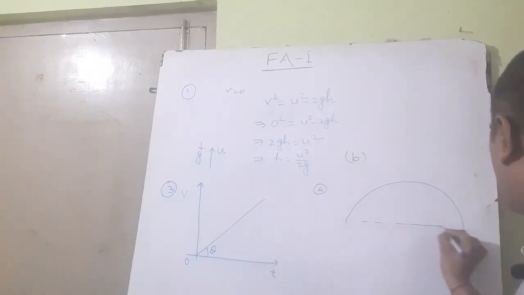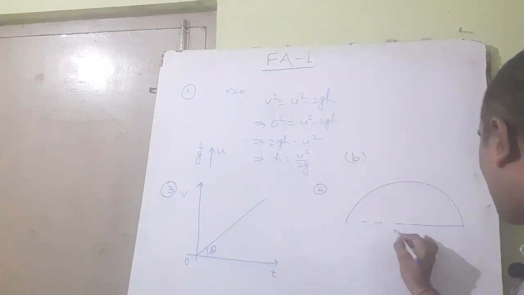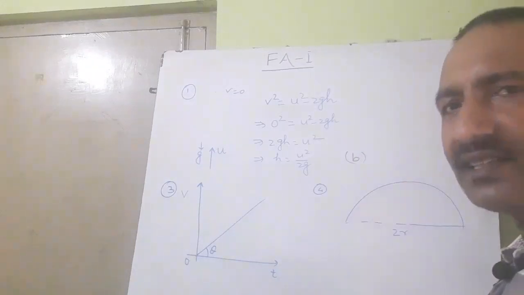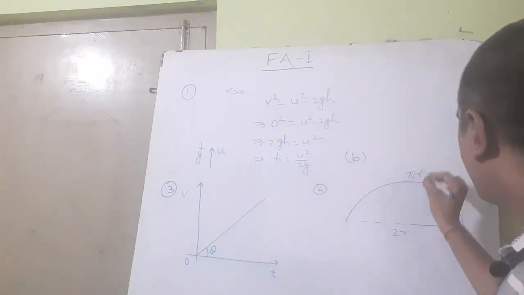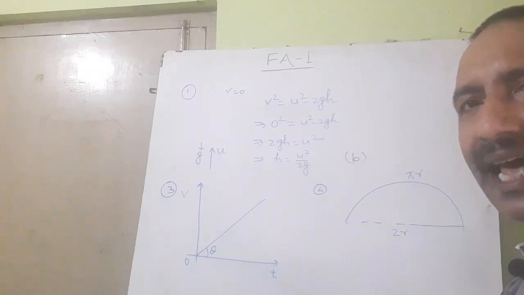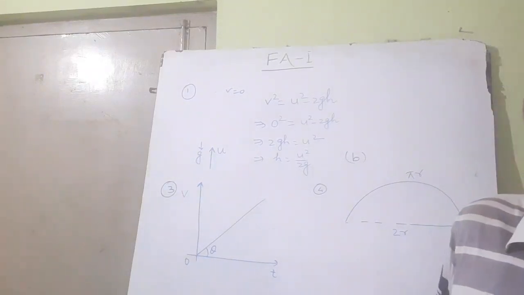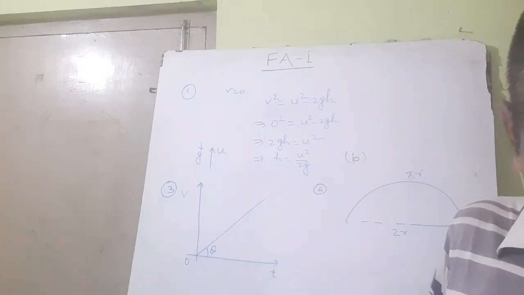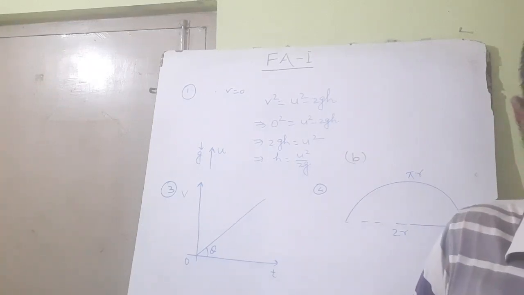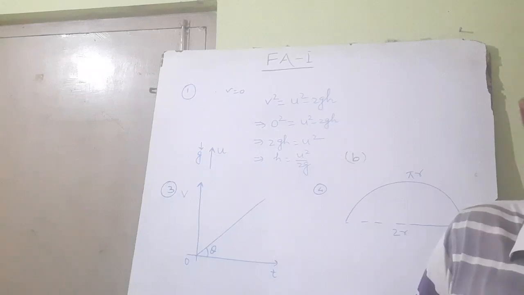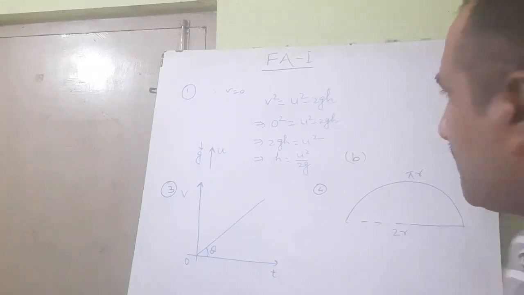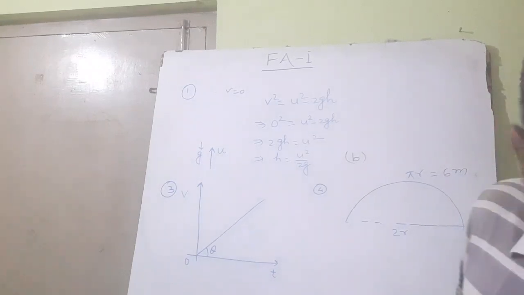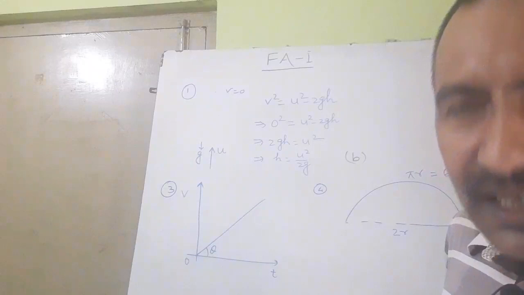So this is the diameter means 2r and this semicircular path length is pi r, okay, and you have pi r is equal to 6 meter. So this pi r is 6 meter. Got? You have to find the ratio of distance to displacement.